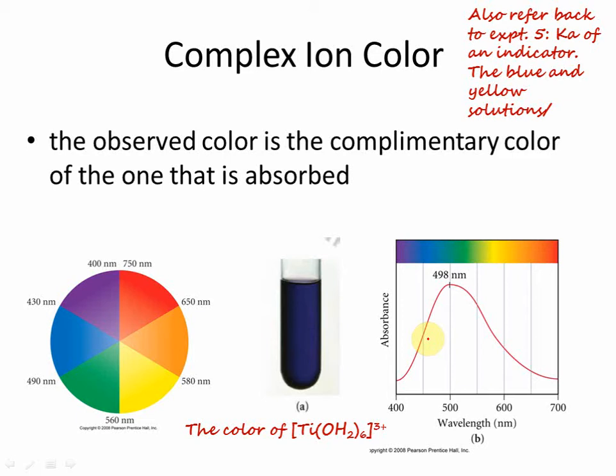So the color that we see is the opposite. So this is why this has this kind of purplish reddish tint to it. So this is the color of the titanium complex. So it's absorbing strongly in this region, but it's reflecting all the rest of the color back, and we mainly see the opposite color. So hopefully you discussed this quite a bit in lab already.